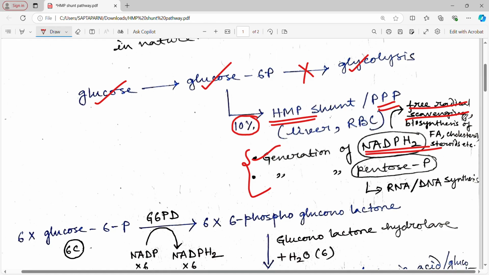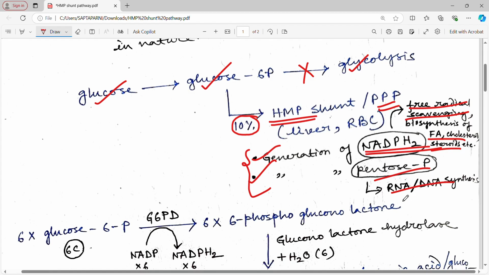Not only that, it also helps in fatty acid, cholesterol and steroid synthesis. Another thing is that this pathway also helps in generation of pentose phosphates, like I have already told you, ribose 5-phosphate, ribulose 5-phosphate, xylulose 5-phosphate, etc. These pentose phosphates are important components of DNA and RNA synthesis.